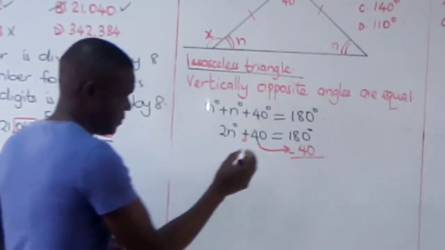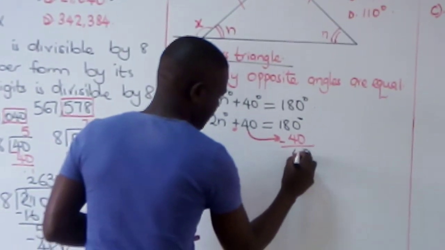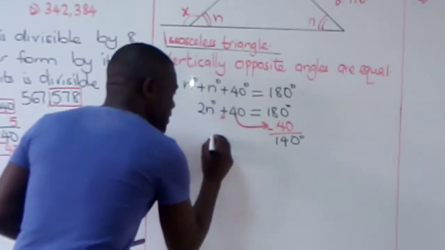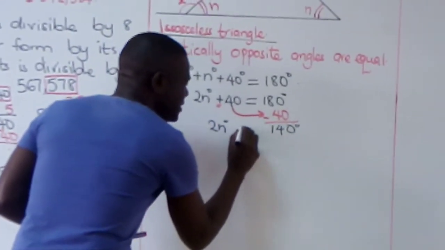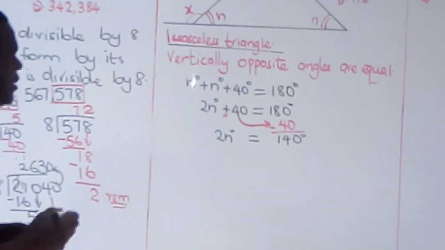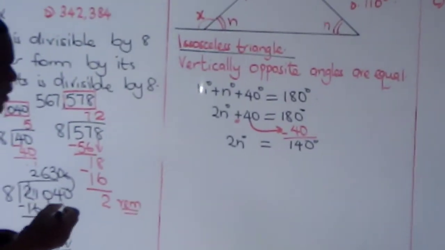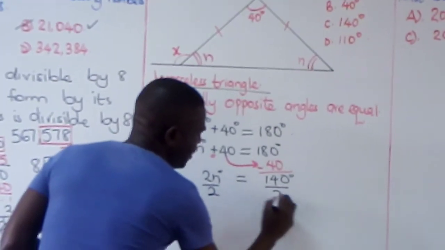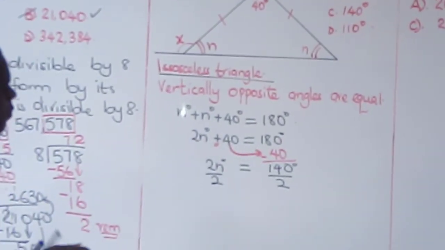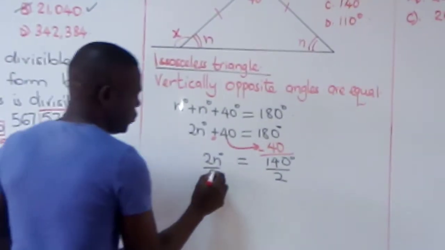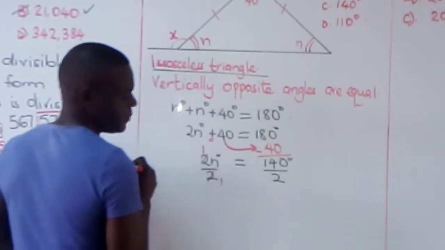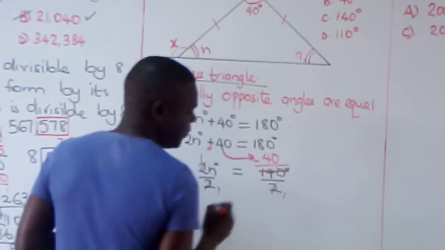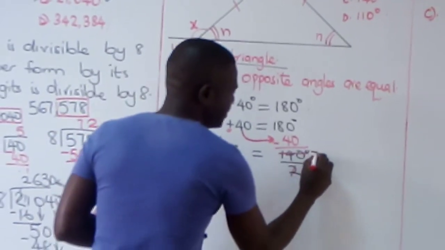What do we get? That is 0, that is 4, that is 1. So that is 140 degrees. So we say 2n degrees is equal to 140 degrees. Very good. To get 1n, we divide both sides by 2. I hope you're following. So by 2, 1, and by 2, 1. 2 divided by 2 is 1. 140 divided by 2 is 70.